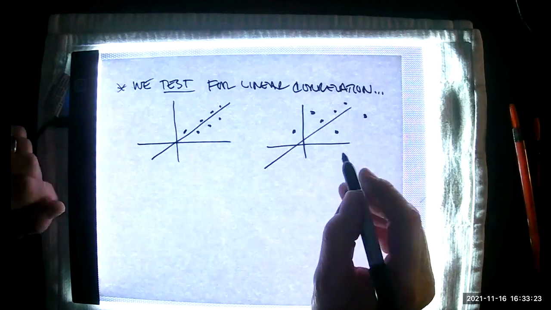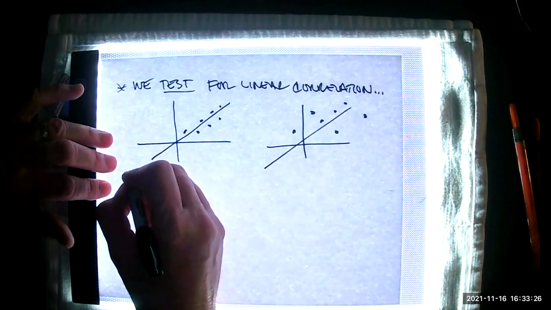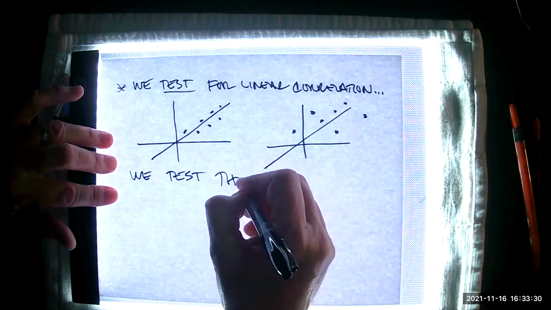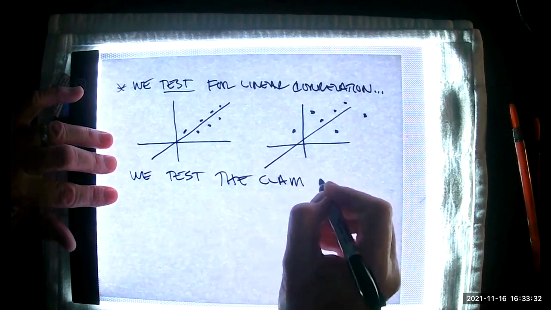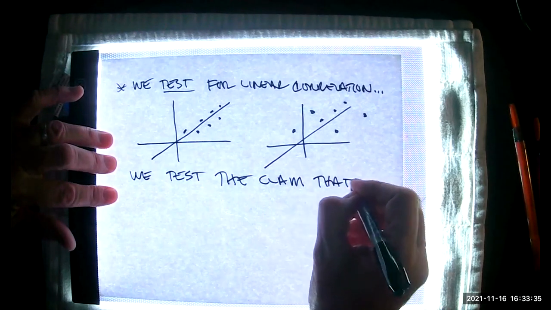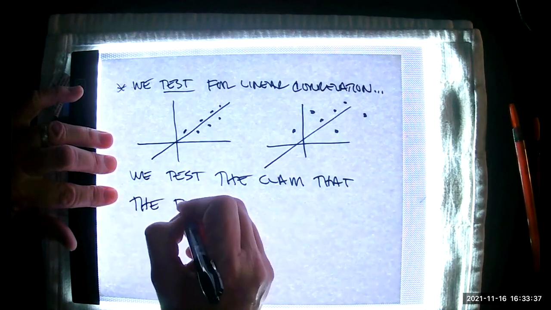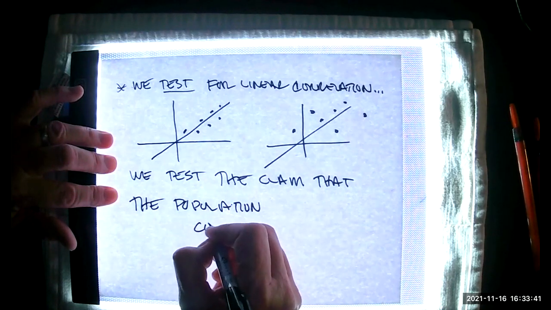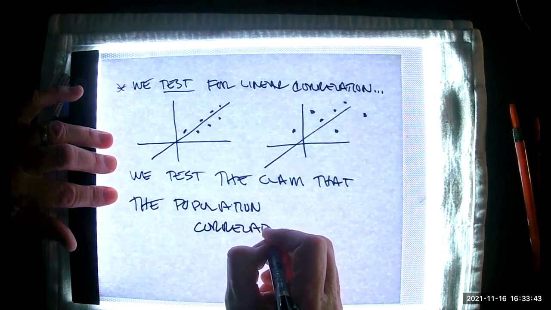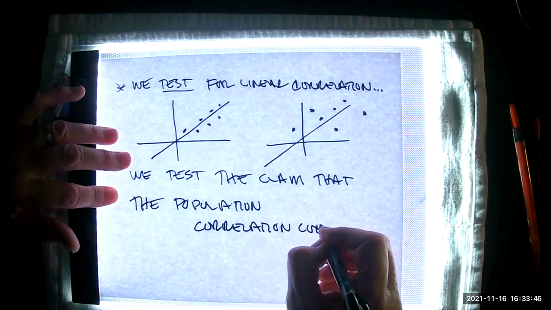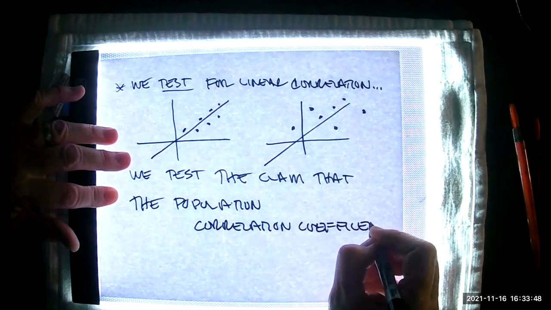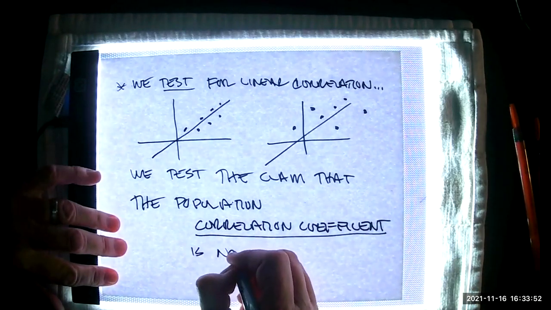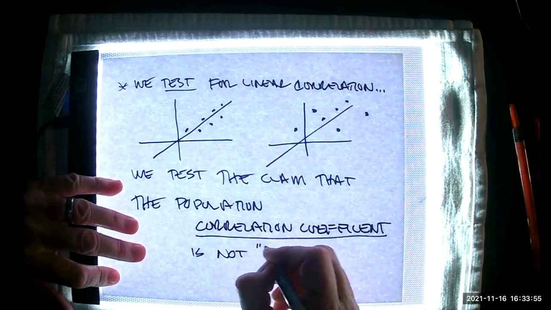So when we test for linear correlation, we test the claim that the population correlation coefficient is not 0.